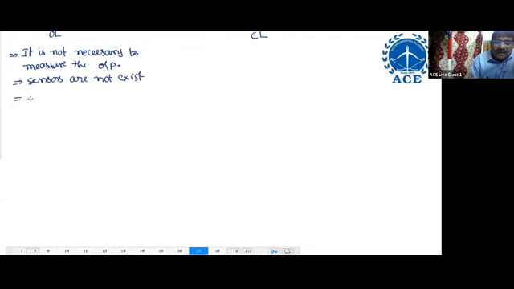Errors are not generated. But design is easy.